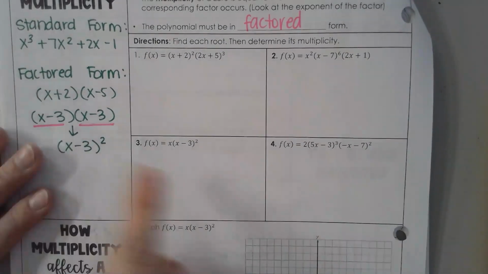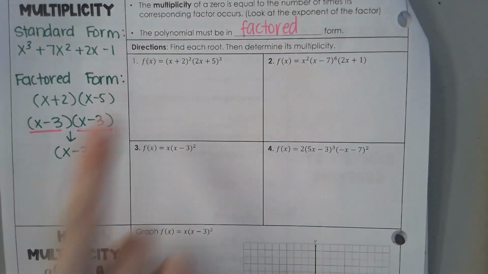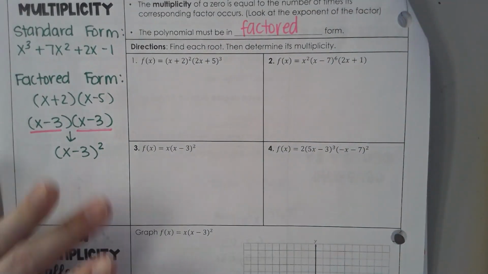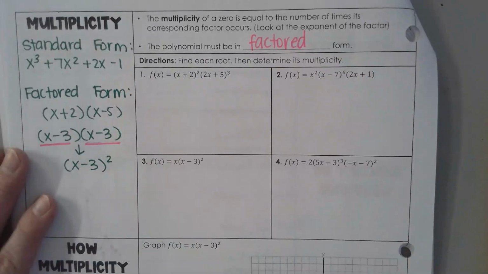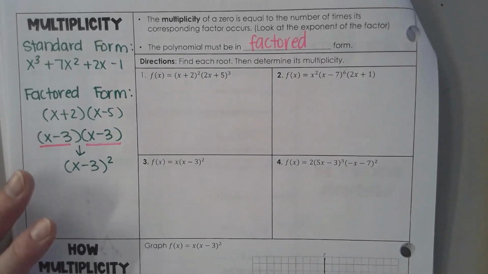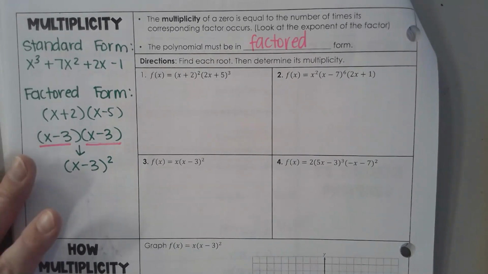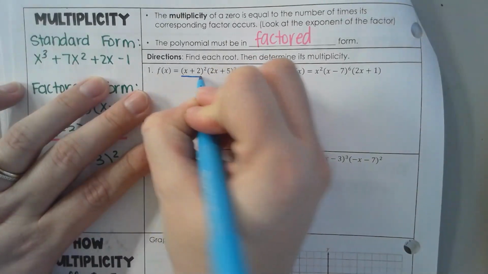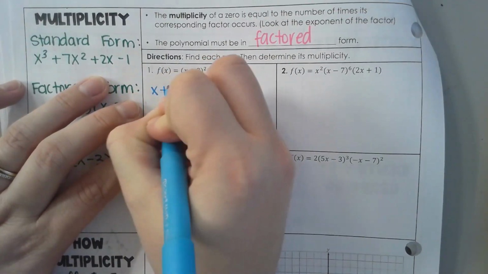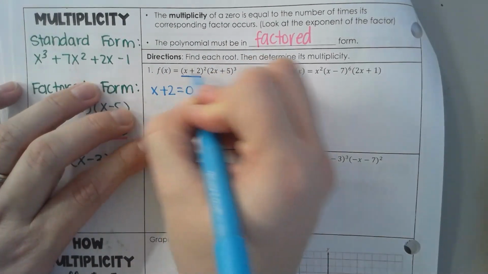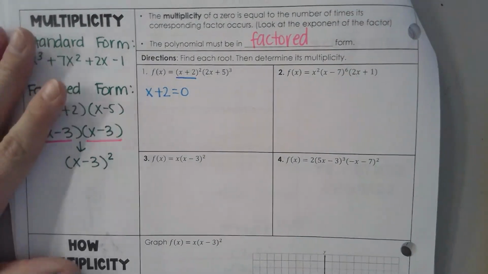So let's start here with number 1. When we factored in Unit 5, and I said to find the x-intercepts, what did you do with the factor? Set it equal to 0? Yes, we set it equal to 0. So I'm going to take a factor, just what's in parentheses, I'm going to set that equal to 0.